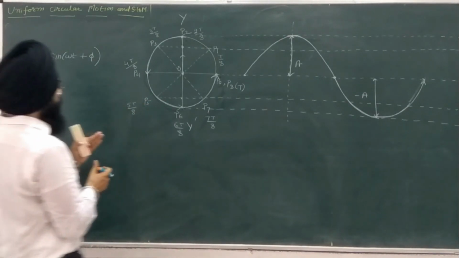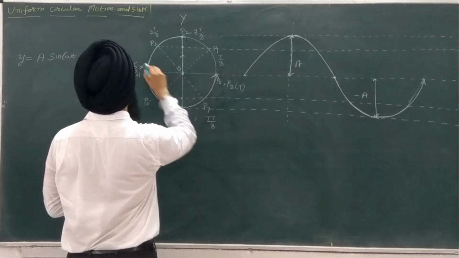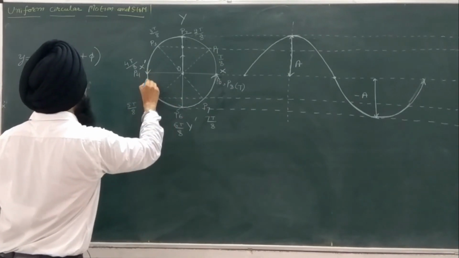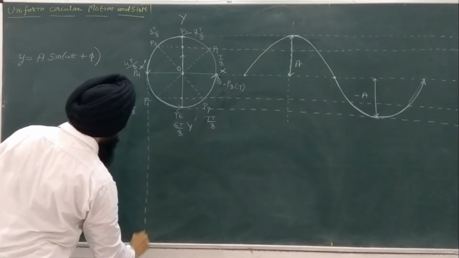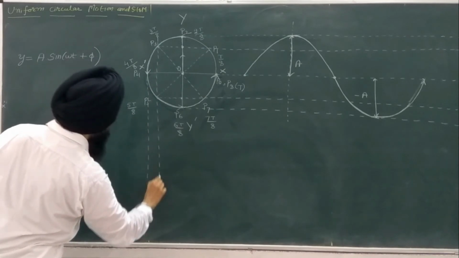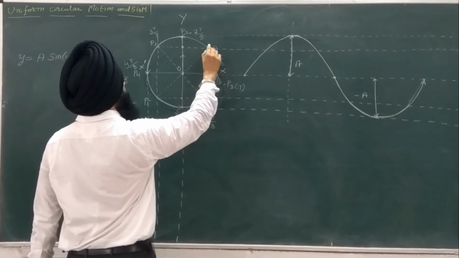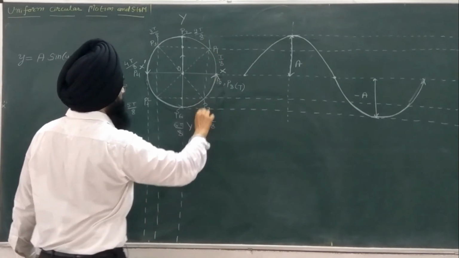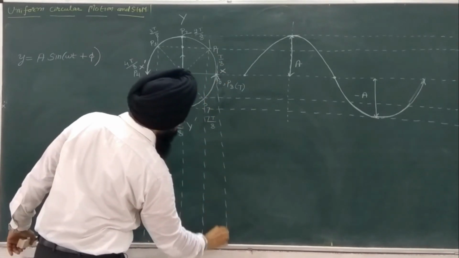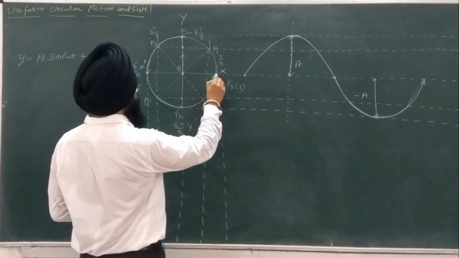Similarly, we can draw the projection along the x dash OX axis towards this way. Let me divide this portion into this portion here. Every point represents a section of the time period here. So now the particle starts from this position.